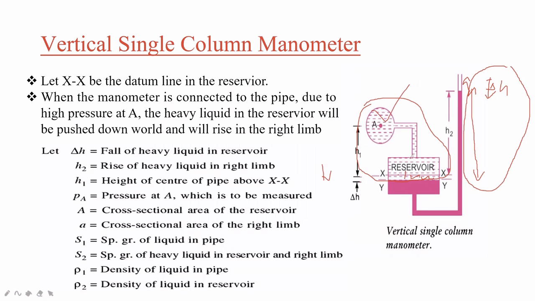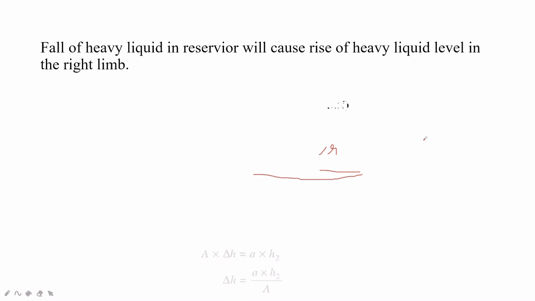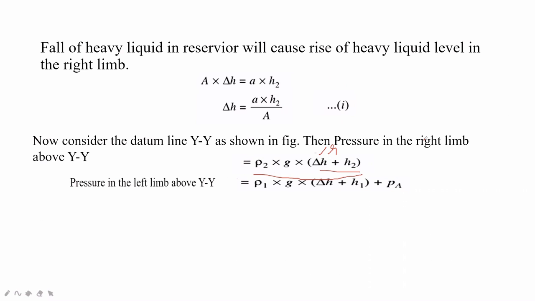The pressure at A plus rho 1 G H1 in the reservoir, plus the pressure in the left limb will be rho 1 G into the height, which will be H1 plus delta H. Because in this delta H there is no H2 heavy liquid, it is H1's delta H, but the amount is the same.